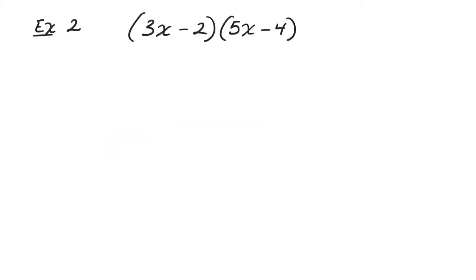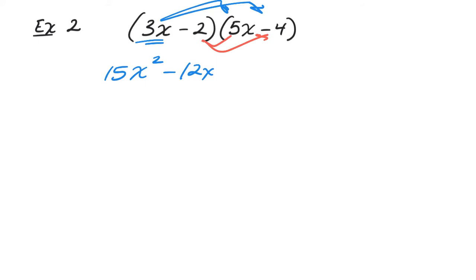All right, so next example here, I'm just going to go through and do this. I distribute the first term, to both the 5x and the negative 4. So 3 and 5 makes 15, x and x makes x squared, 3 and negative 4 make a negative 12x. I then distribute the second term.